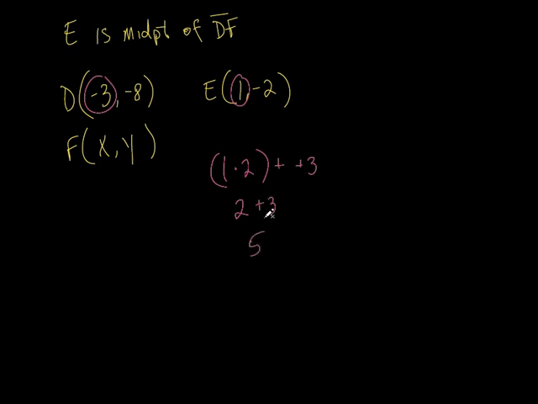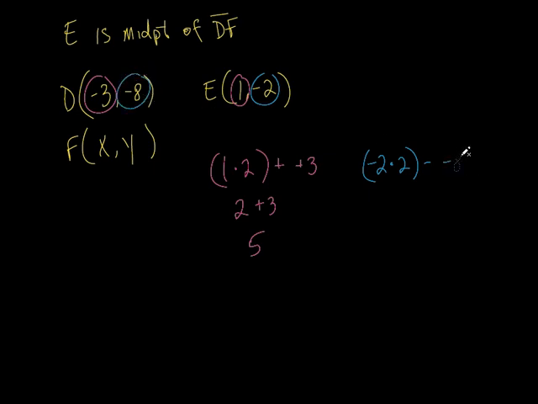But that's only half of our answer, isn't it? We have to do the y now. So let's do the y. So I take the y of the midpoint. Don't take the endpoint. Take the midpoint and multiply it by 2. All right? So take the y, multiply it by 2, and then do what to that? Minus -8.